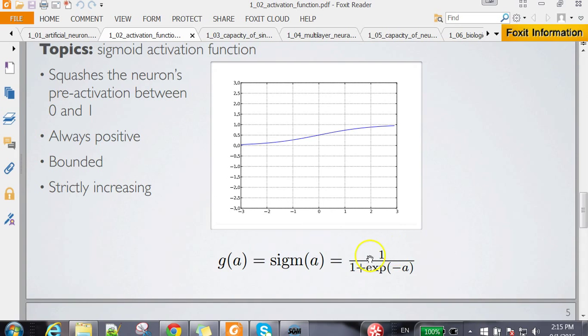You can call it anything you want, but this is what it is: 1 over 1 plus e to the minus a. This particular function is called the sigmoid curve, or also called the logistic function. This is its definition.